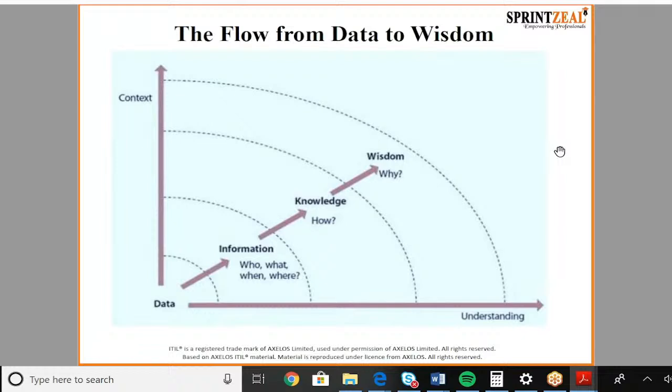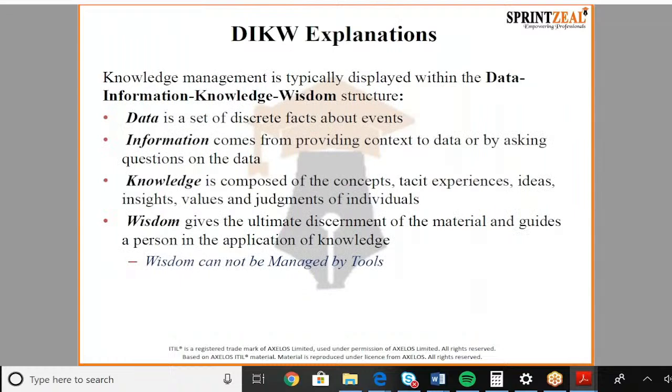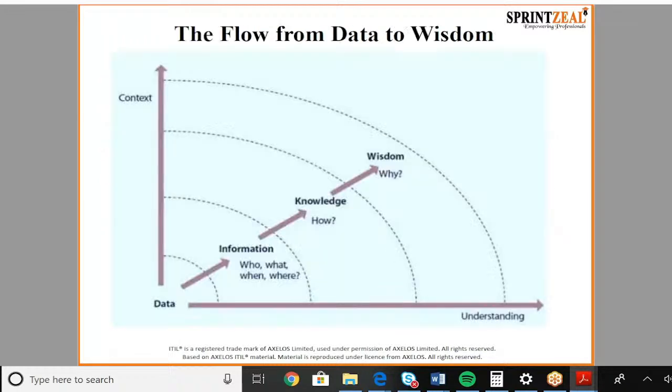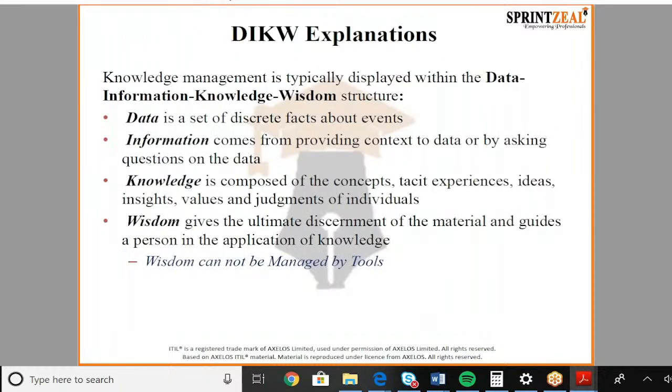So since we're talking about knowledge management, this is a diagram that you would need to know. It shows the flow from data to wisdom. So if we start here at the lowest level, which is data, okay, it's DIKW.